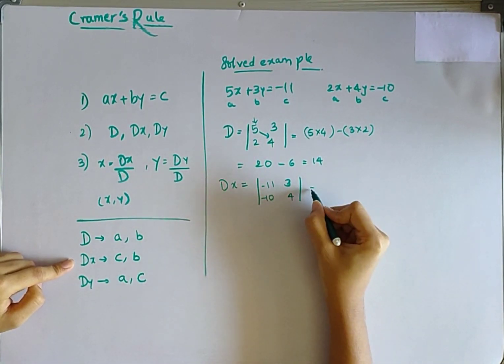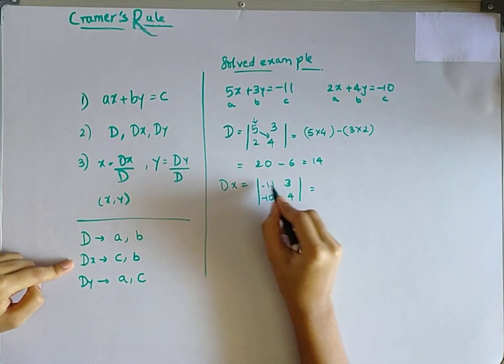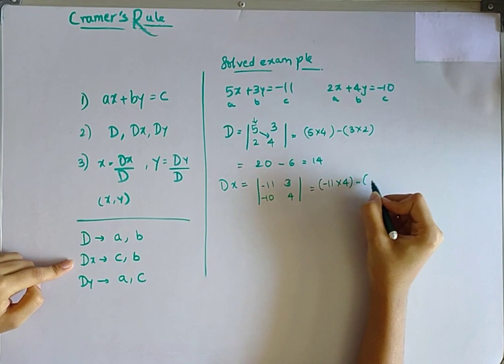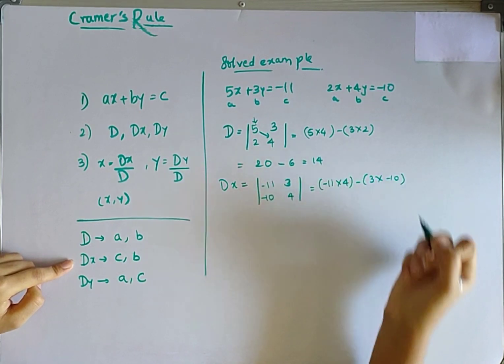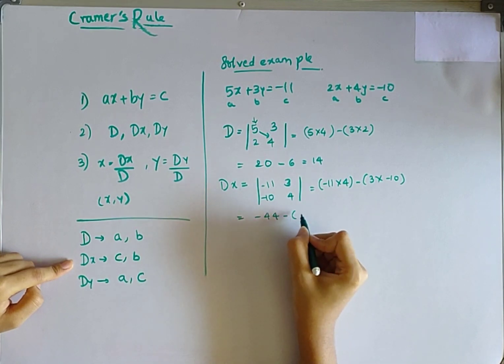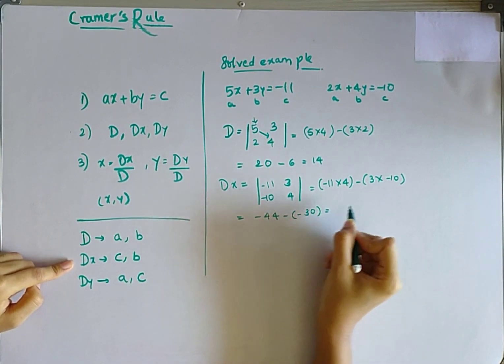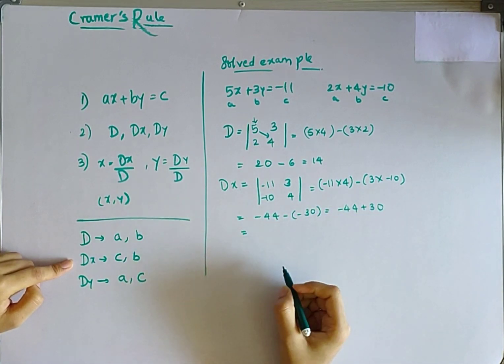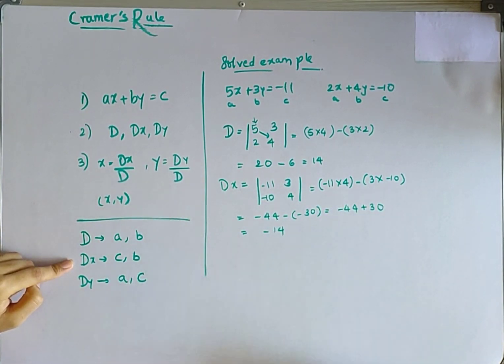Did you get that? Now let's solve this. That is minus 11 into 4 minus 3 into minus 10. What will it lead to? Minus 44 minus of minus 30. That is minus 44 plus 30. That will lead to minus 14.